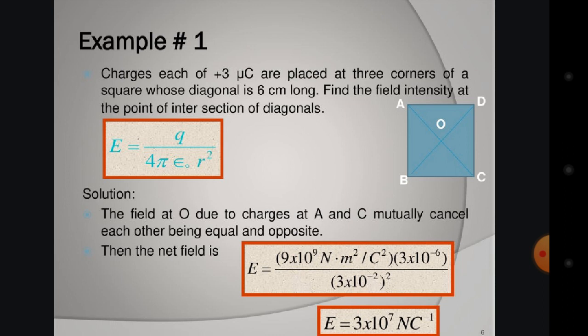If you press your calculator right now, 0.06 divided by 2, the diagonal of it, you will end up having a value of 0.03. That is the value that you will get.